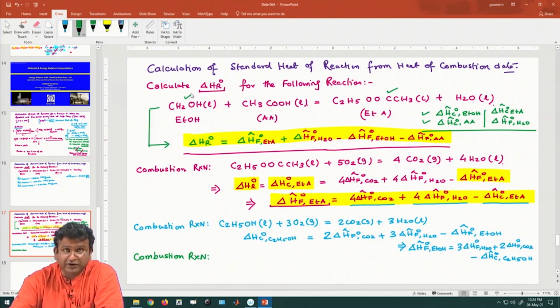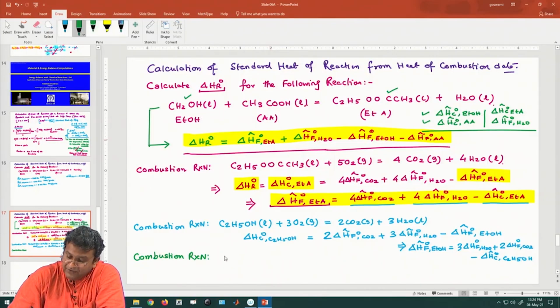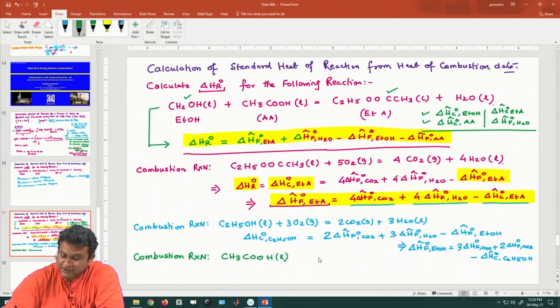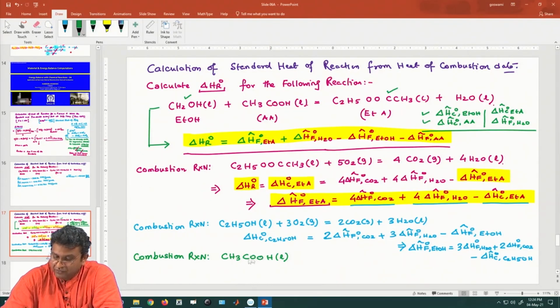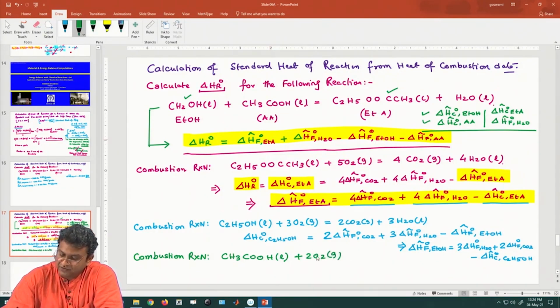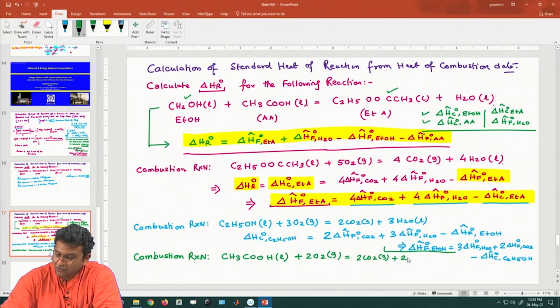Next we need to look into the combustion reaction of acetic acid, CH3COOH. Here you have 2 carbons, so 2 O2 would be good enough, because of 4 hydrogens, and this leads to 2 CO2 and 2 H2O liquid.